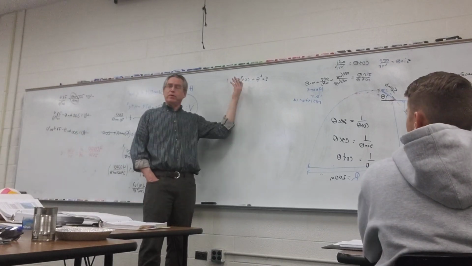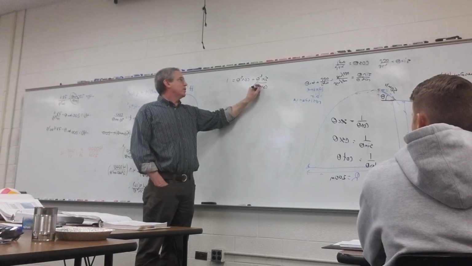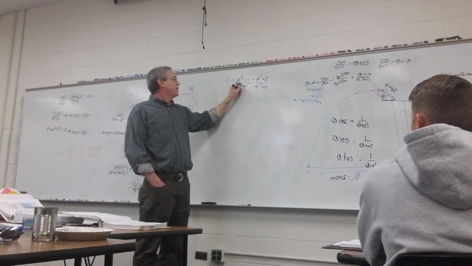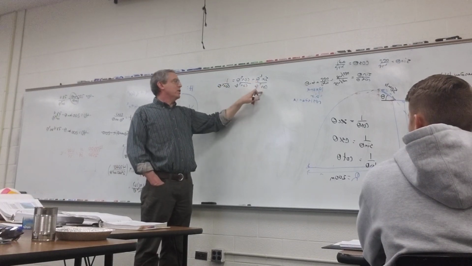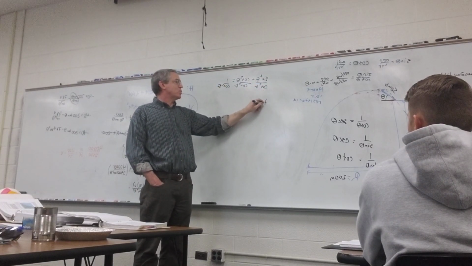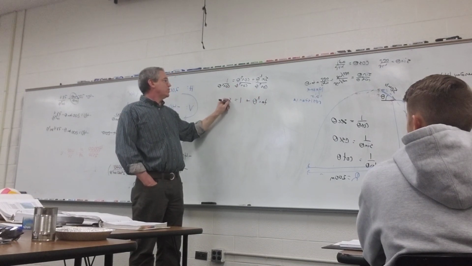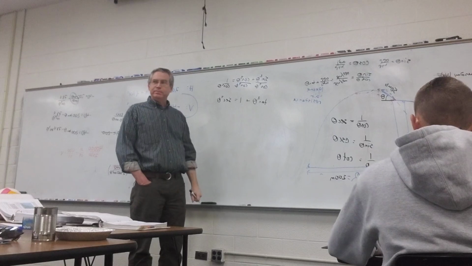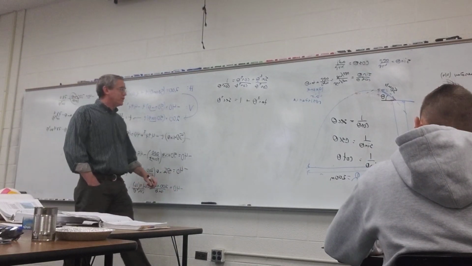It's basically the Pythagorean theorem. If I divide everything by cosine squared theta, over here I have sine over cosine, so that's tangent squared, plus 1 is equal to secant squared of theta. Therefore, I just got an identity for secant squared.